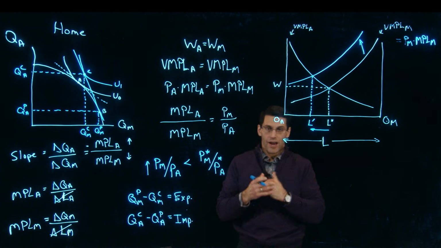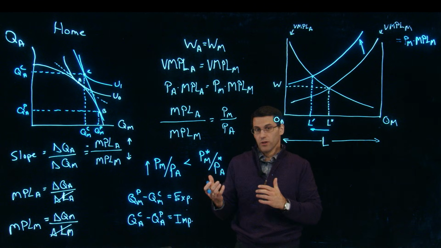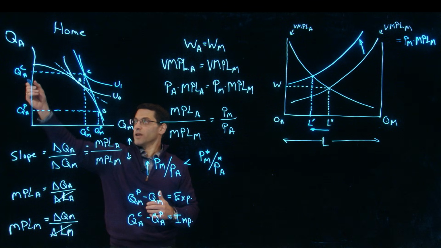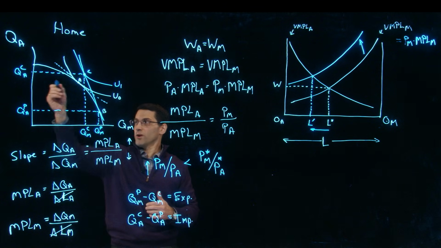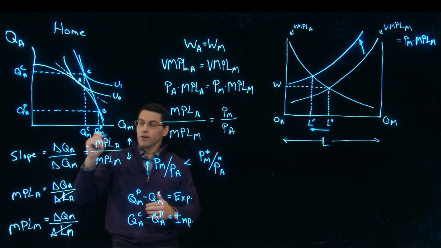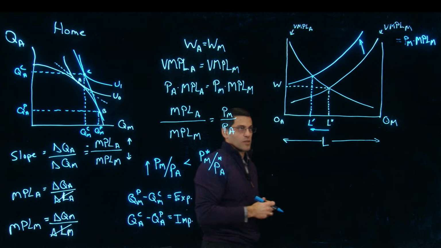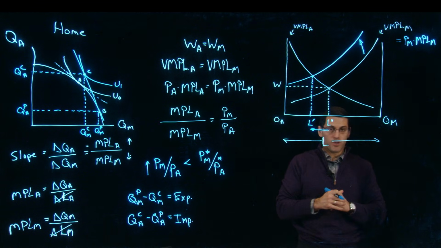If we're taking workers out of agriculture and putting them into manufacturing with fixed amounts of capital and land, that means that necessarily agricultural output is going to fall. Right? We went from A down to B, and manufacturing output is going to increase. So this matches everything that we've shown already with the PPF.